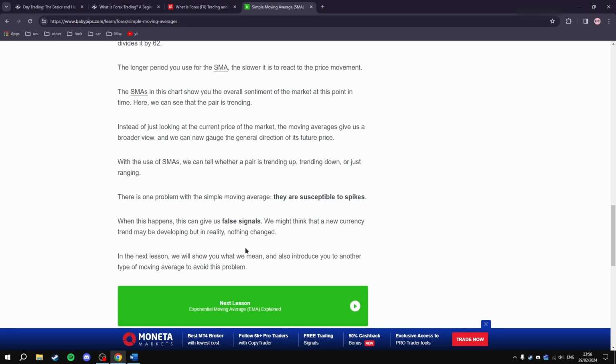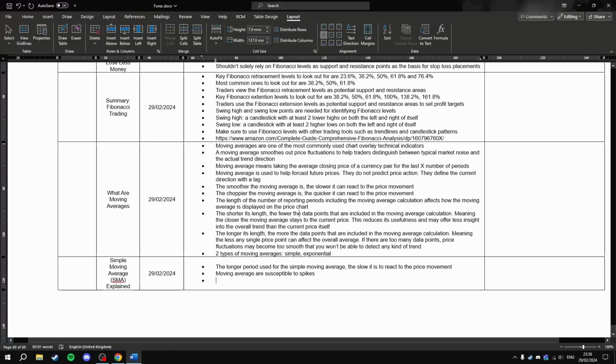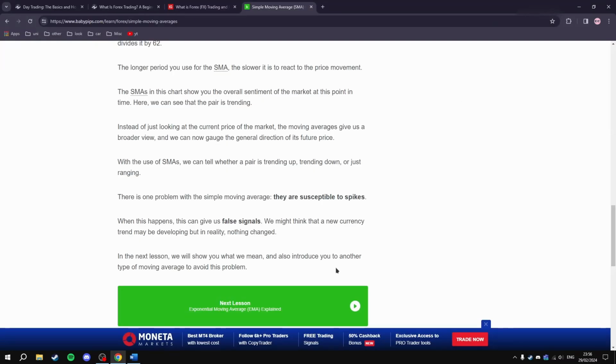When this happens, this can give us false signals. We might think that a new currency trend may be developing, but in reality nothing changed. In the next lesson we'll show you what we mean. We'll also introduce you to another type of moving average to avoid this problem.